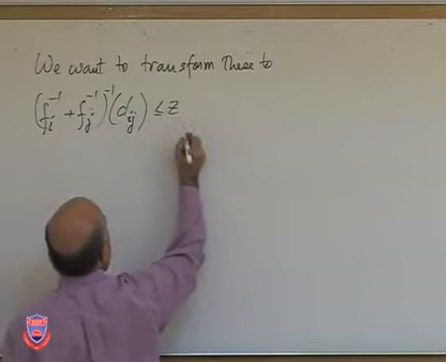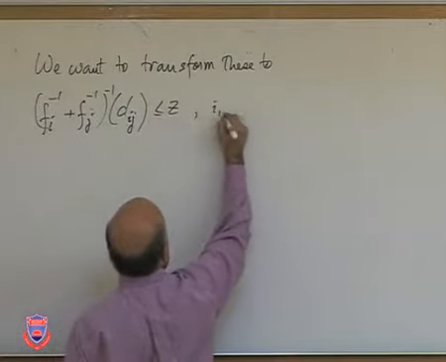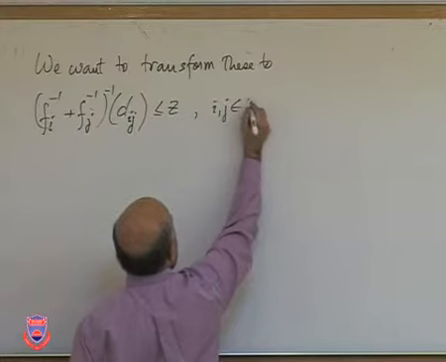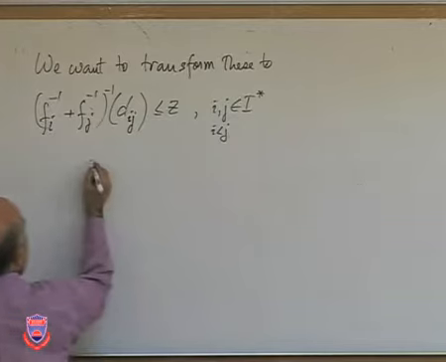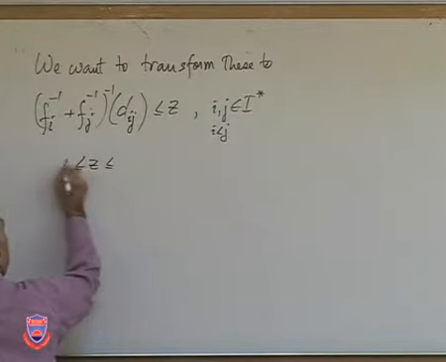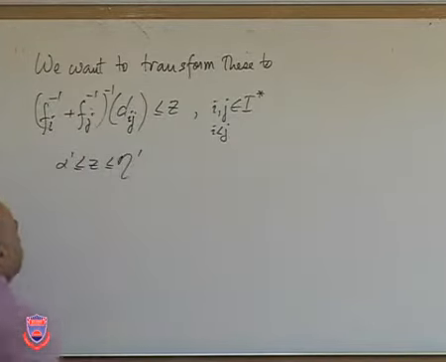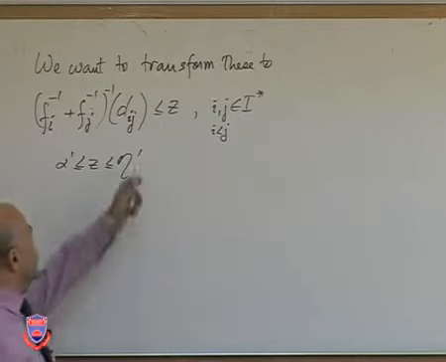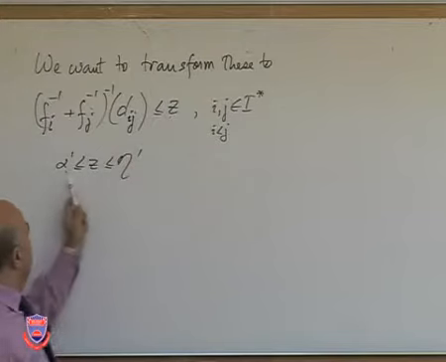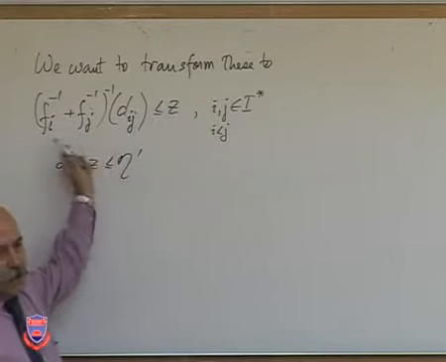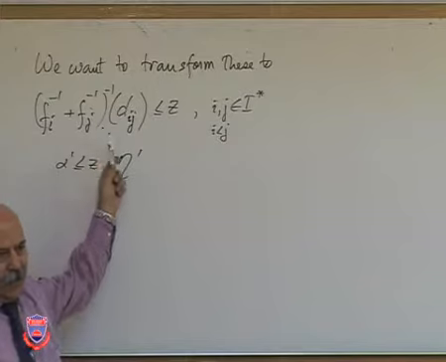We want to have it this way with i, j in I star, i less than j, and z between alpha prime and eta prime. I just said we want to look at those inequalities in this way, because that's going to tell me that the smallest z I'm looking for is either alpha prime or the largest left side here. Okay?